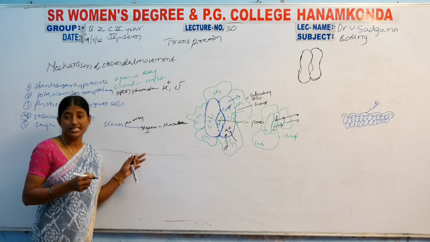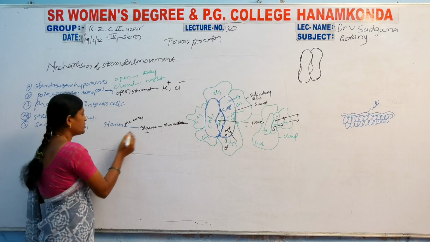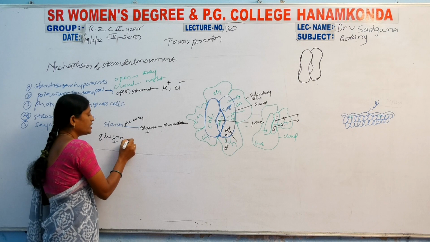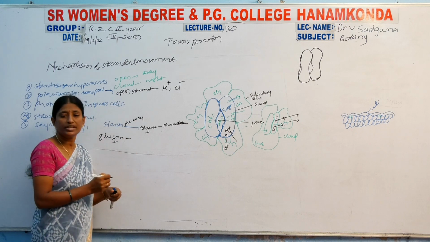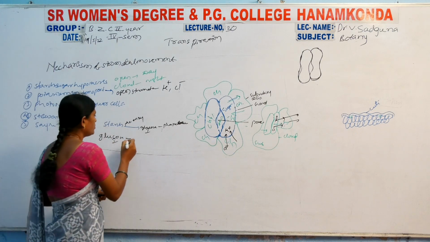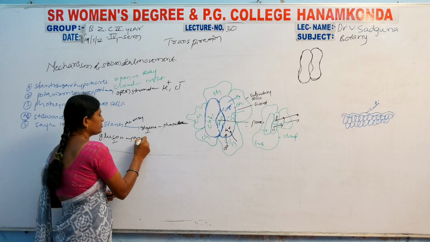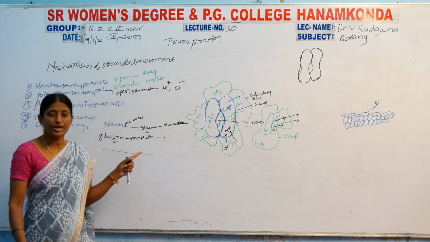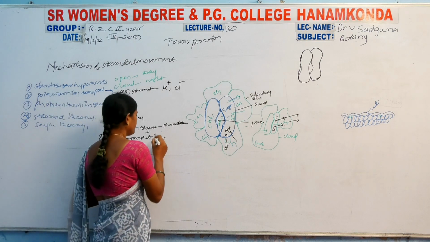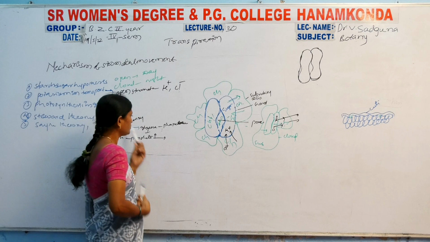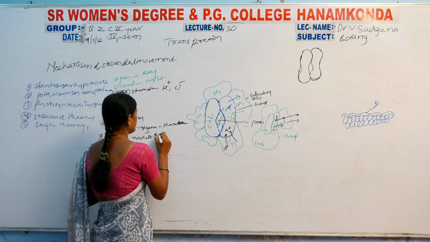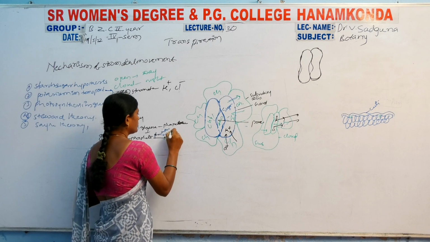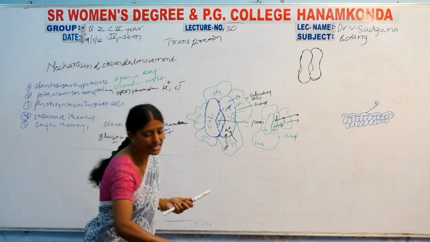It looks just like a cycle. For example, glucose 1 is converted into glucose phosphate in the presence of the phosphatase enzyme.